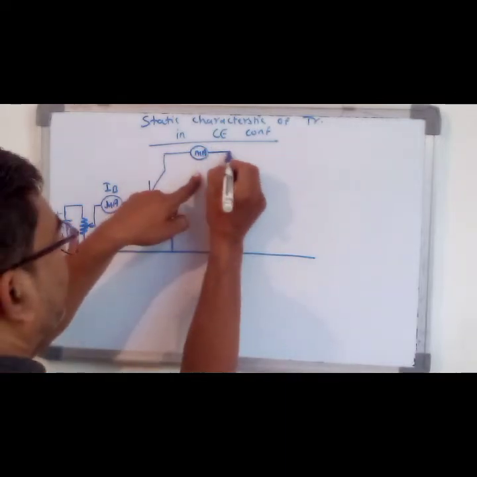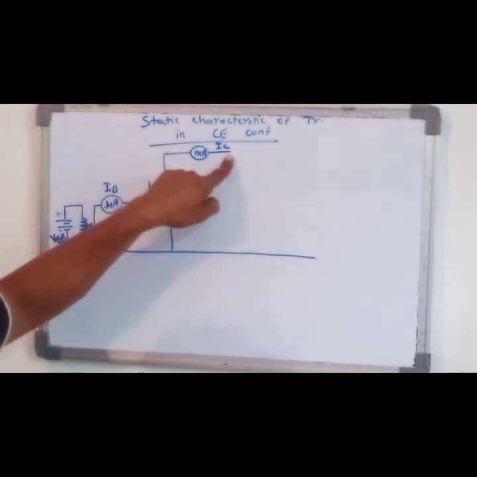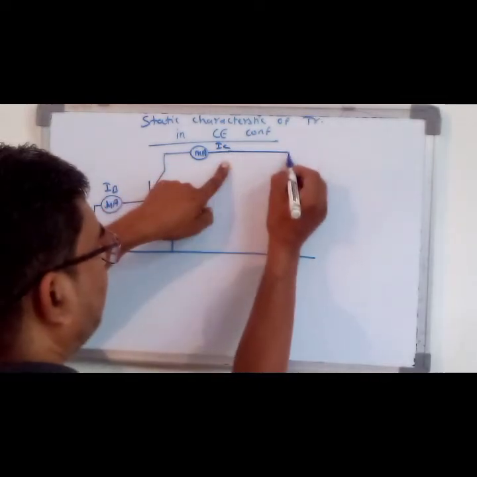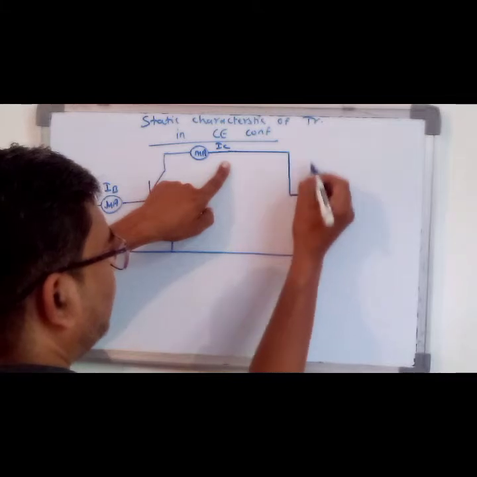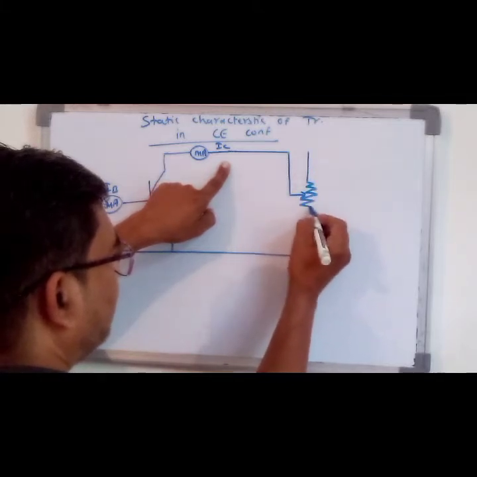This is the IC value obtained from this milliammeter. Again you have to attach one rheostat so that it will increase or decrease the value.